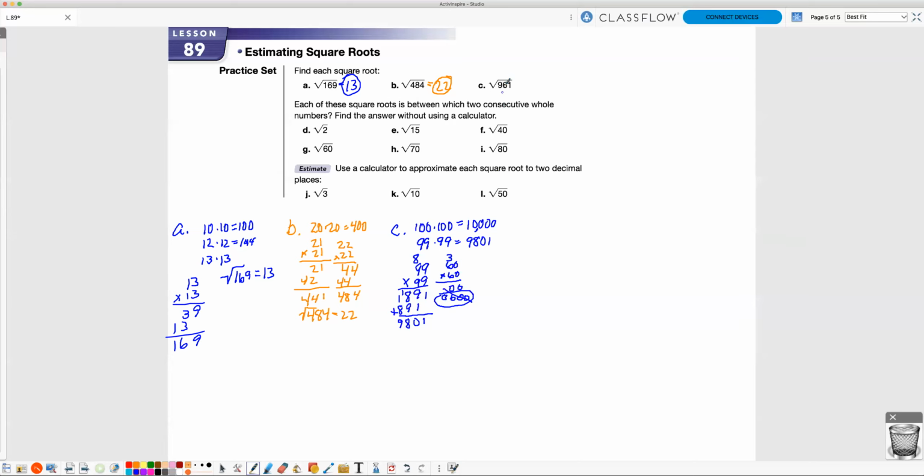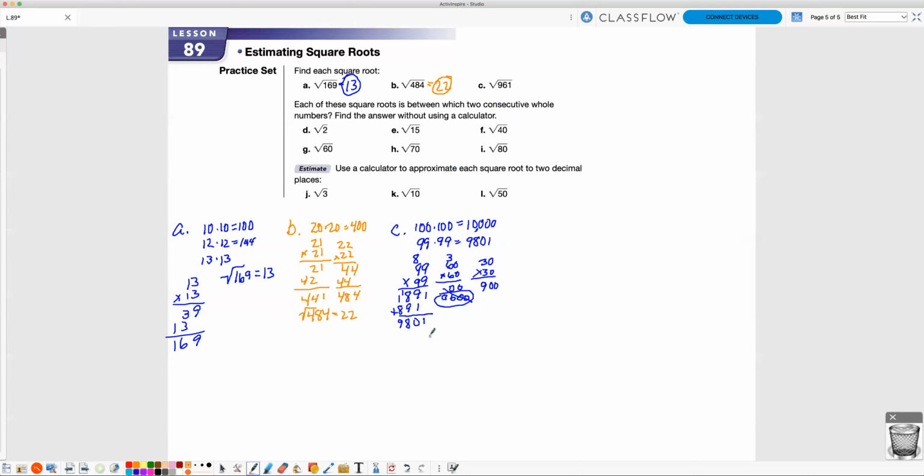We're only looking for 961. So I'm going to go closer to the 20 this time. Let's try 30 times 30. I'm guessing and checking 30 times 30. I know that'd be 9 with 2 zeros. That's closer. Now we're getting in the ballpark there. 30 times 30 is 900.